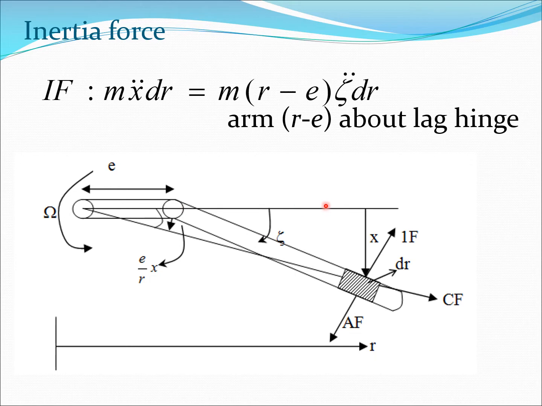So r minus e is the distance from the hinge to this point here, and you multiply it by zeta and differentiate twice, you get the zeta double dot term. So that's the inertia force, m (r minus e) zeta double dot dr, and the arm at the lag hinge is going to be r minus e, because that's this distance here. Fine.